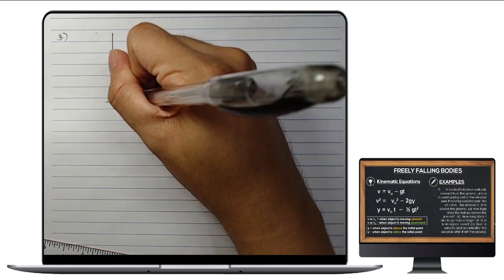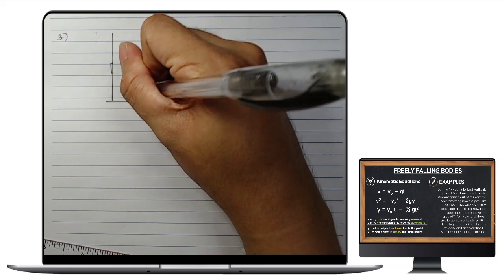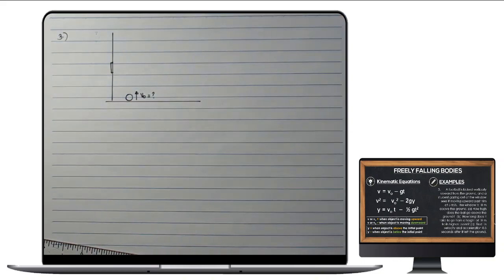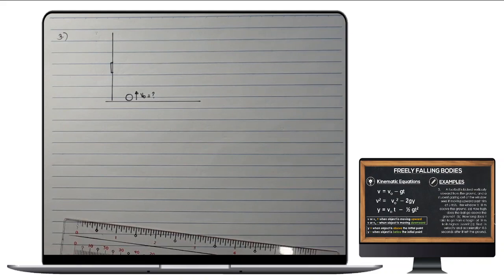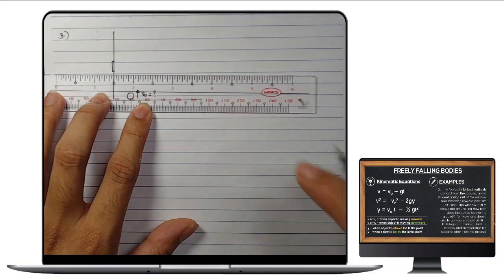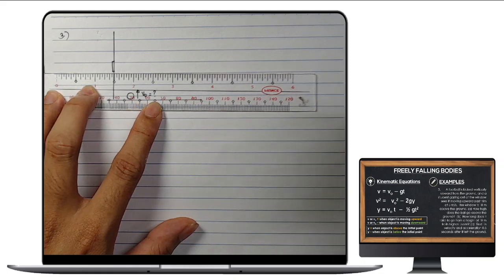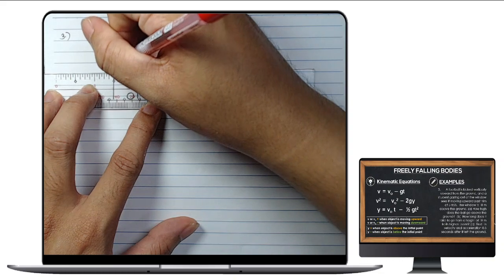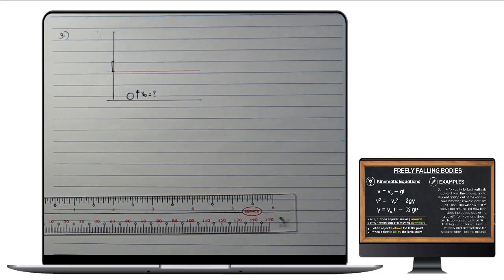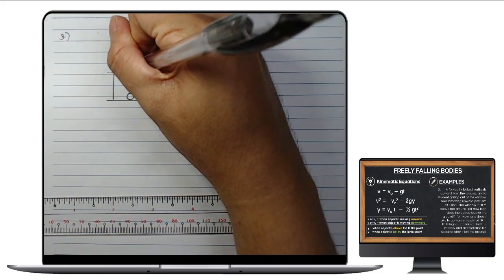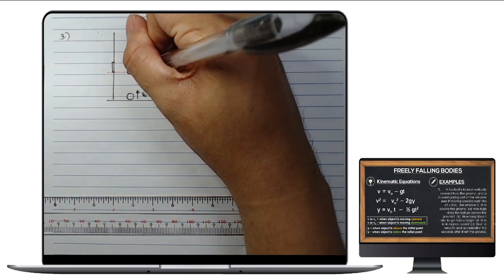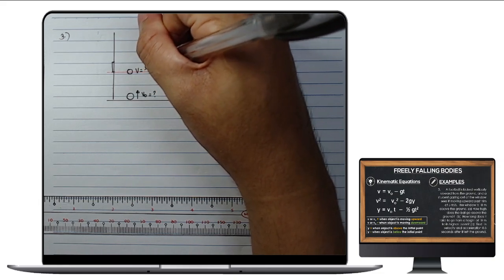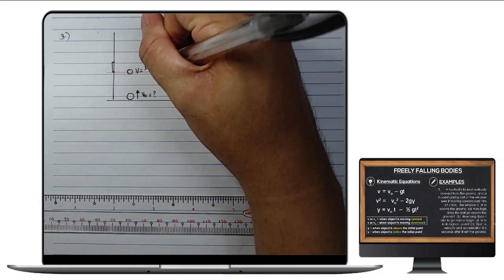So merong football dito. Kick vertically upward. So initial velocity natin, hindi natin alam. And the student gazing out of the window. So ito yung ating window. Student dito. At this point, the velocity na measure ng student is 5 meters per second.